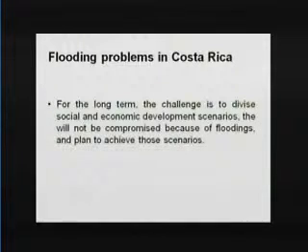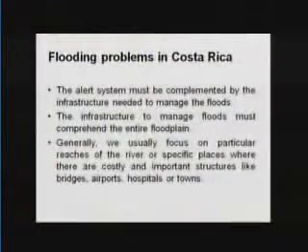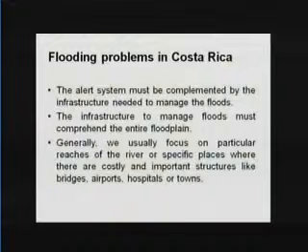For the long term, the challenge is to devise social and economic development scenarios that will not be compromised because of floodings, and then plan to achieve those scenarios. That's quite an important part of the whole system, and we need to complement it with the infrastructure needed to manage the floods.